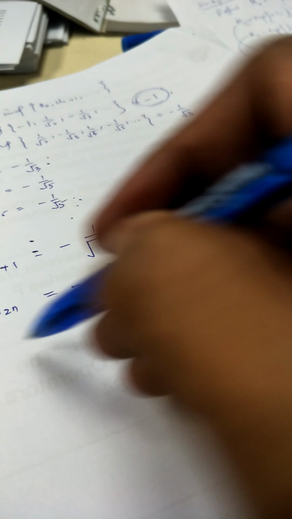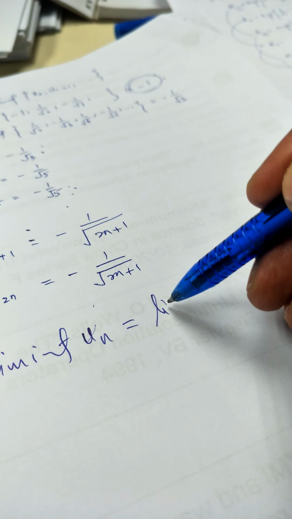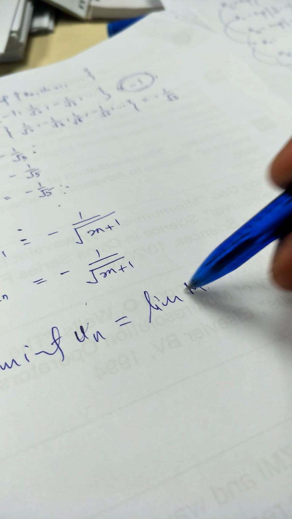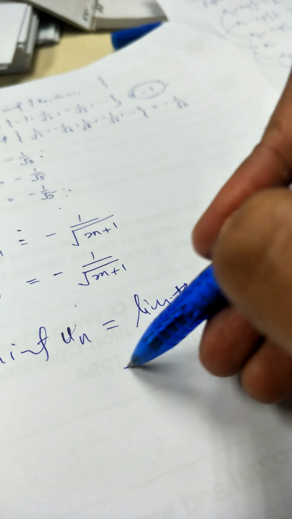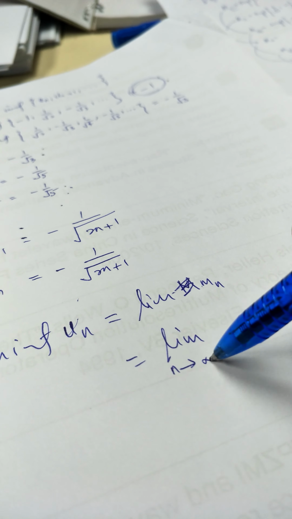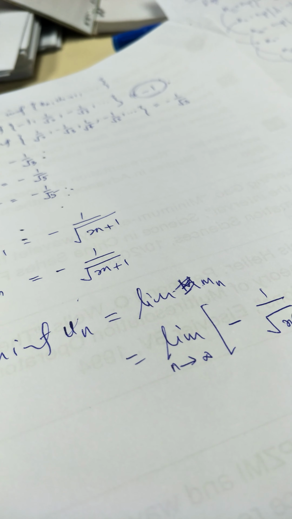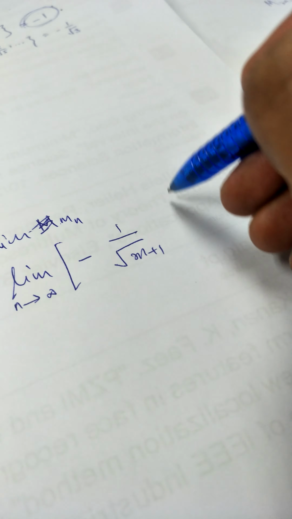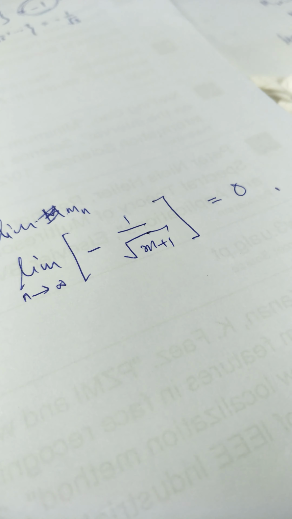So therefore we can find the lim infimum of un, which is the limit of small mn, which is the limit as n goes to infinity of negative 1 over sub 2n plus 1. So you take the limit of this. You should know how to take the limit of that, equal to 0.